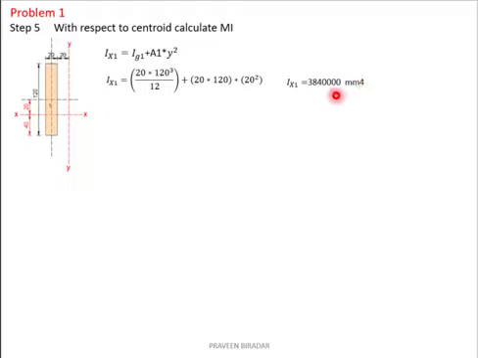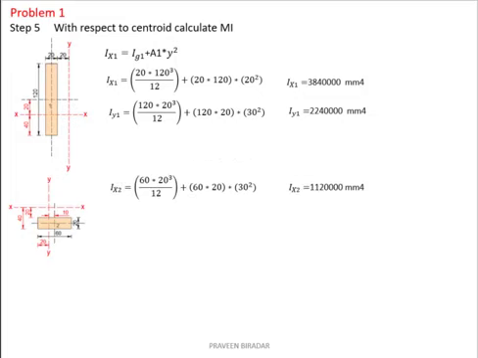Similarly, Iy1 is db cube by 12 plus area into 30 square. This is 20 from the face, but here it is half, so the total distance up to the centroid is 30. So 30 square, and you will get Iy1 equal to this value.